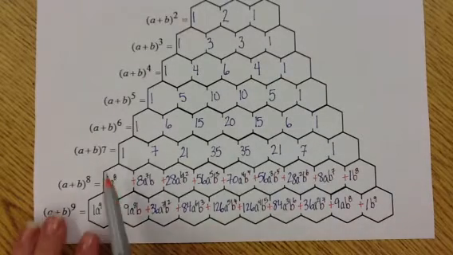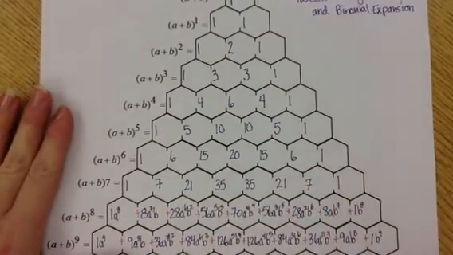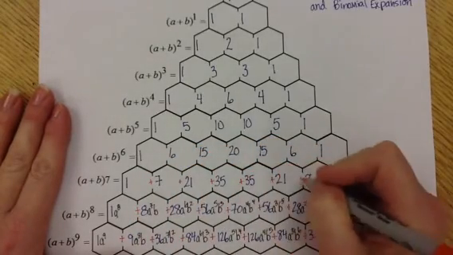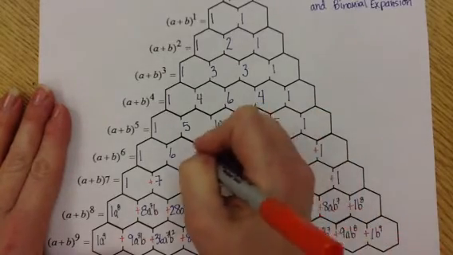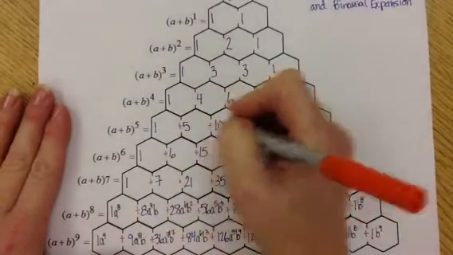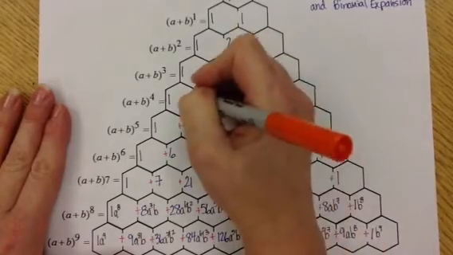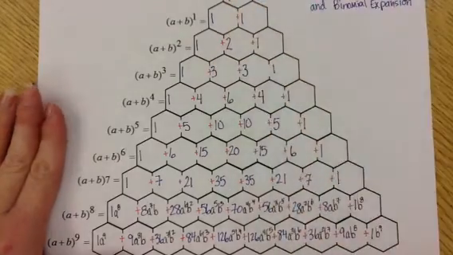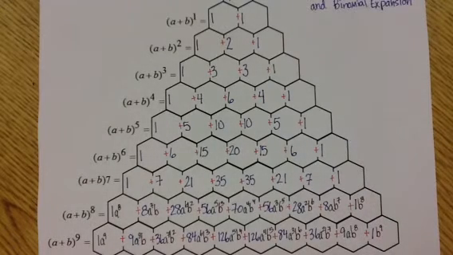Why don't you try this 7th row, and while you're doing that, I'm going to fill in addition signs for the rest of my chart. Okay, how did that go?